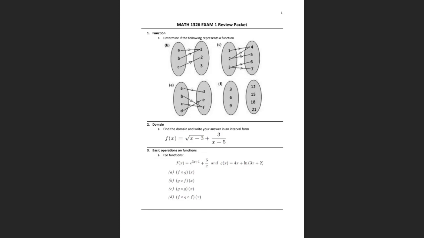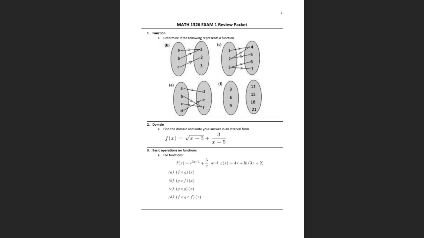And then for D, a little trick is that you take your answer from B, which is g of f of x, and then you plug that into f of x.